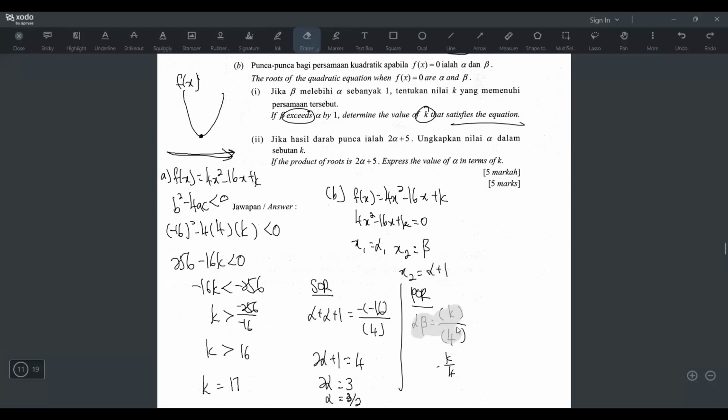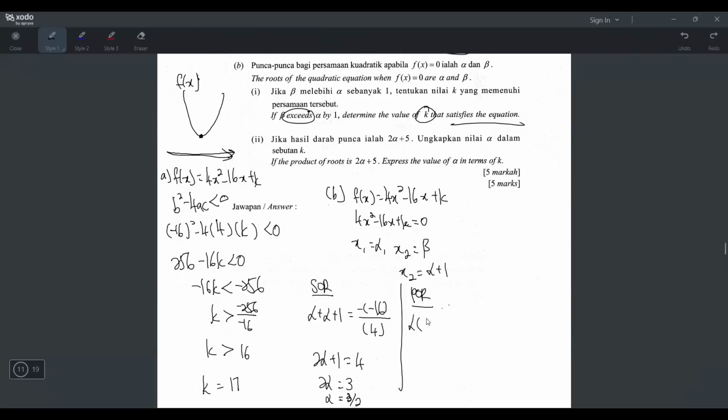So actually it's not alpha times beta, it's alpha times alpha plus 1. Because the x2 is beta, but beta is alpha plus 1. And just now when I did sum of roots, I used alpha plus 1 for the x2, I never used beta, right? So when I do the product of roots also, I should use alpha plus 1 for the x2. So alpha times alpha plus 1 equals c over a, which is k over 4.